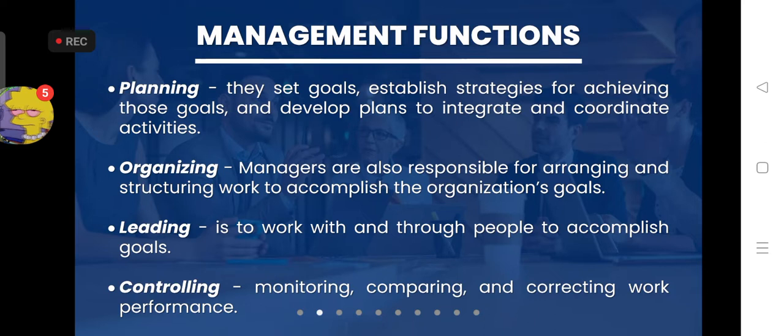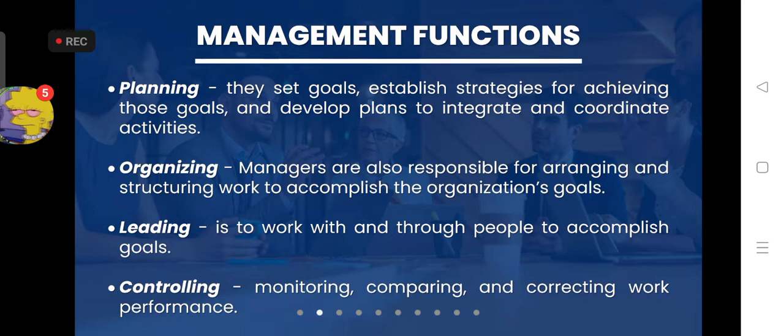Next, we have leading. It is to work with and through people to accomplish goals. In this management function, managers have the capacity to encourage their employees to live their organization's vision and goal, and to have their subordinates continue their work and maintain a good working environment.